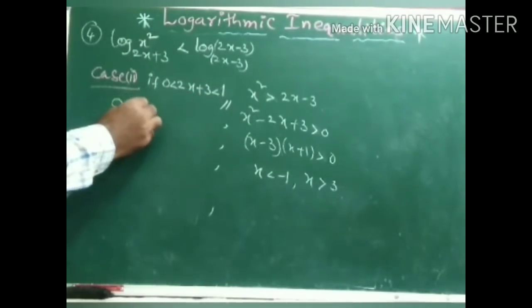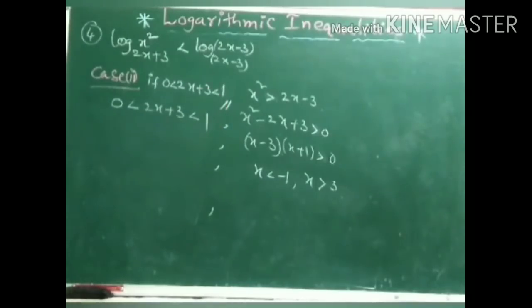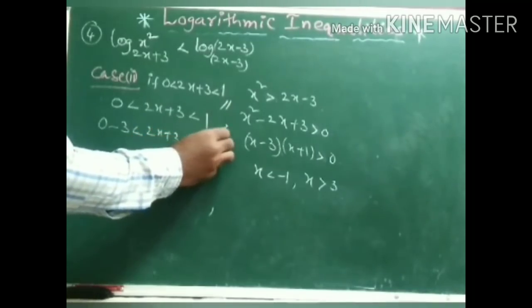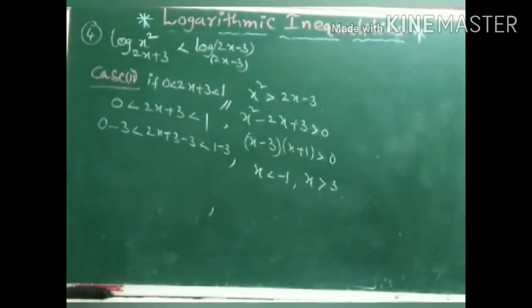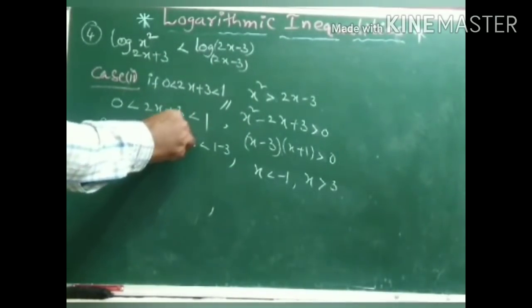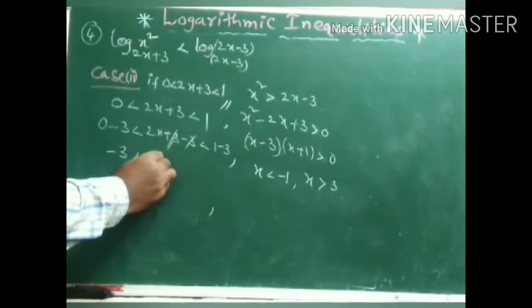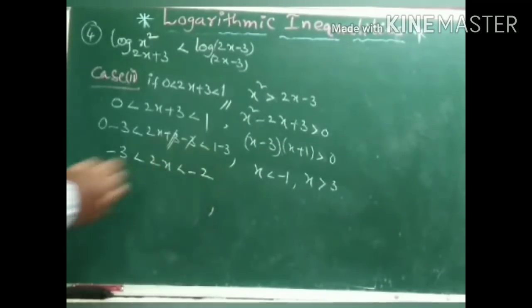What we have here is 0 less than 2x plus 3 less than 1. Subtract 3 on all sides. So now this is 0 minus 3, 2x plus 3 minus 3, less than 1 minus 3. The 3 minus 3 gets cancelled. So this is now minus 3 less than 2x less than minus 2.